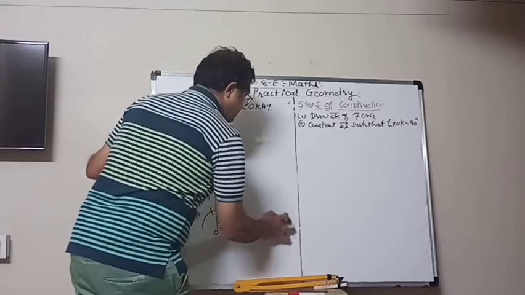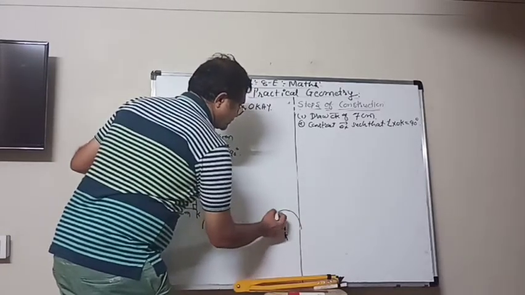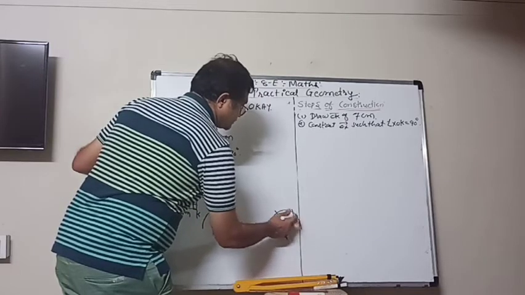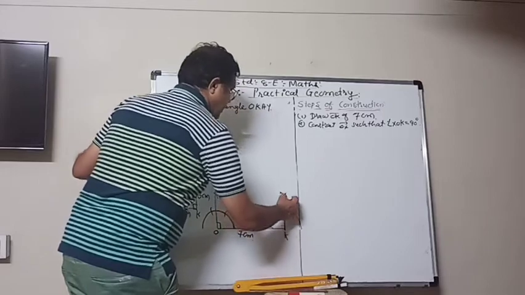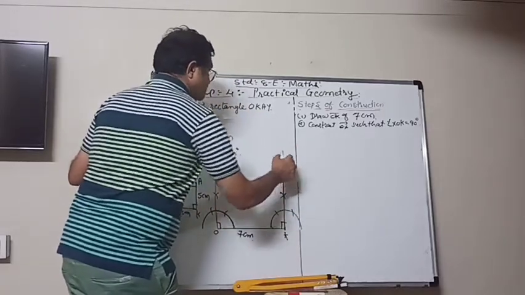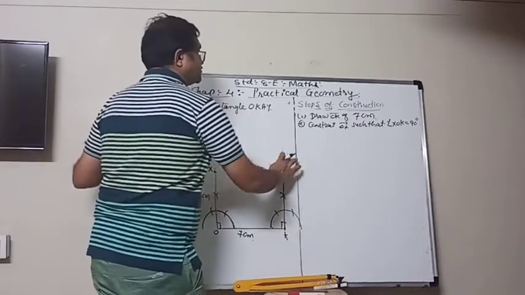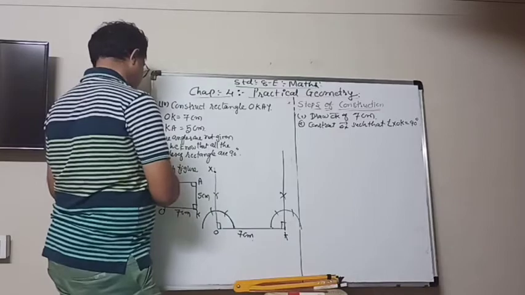Let me explain again. Draw a semicircle, keeping the same radius, and then 90 degree here also. We can't take Y because there is Y already here.